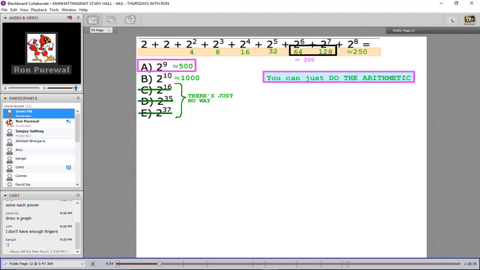Either you just never thought to even do the arithmetic, which means that you're not really thinking of these as numbers. You're kind of thinking of them as symbols that don't really mean anything, like you're just trying to push around symbols according to totally arbitrary rules.